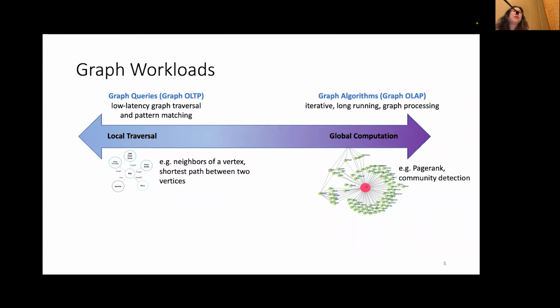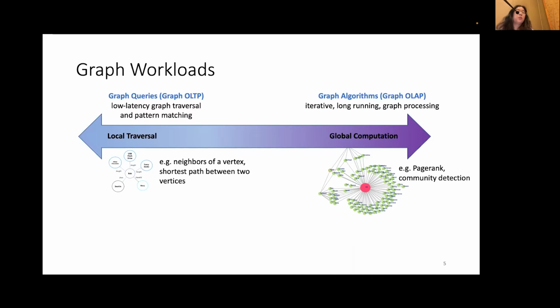So when we talk about graph, there are actually different kinds of graph workloads, and there are also different ways of characterizing graph workloads, depending on what characteristics you care about, whether it's latency, throughput, update rates. So here I'm presenting a very simple way of characterizing graph workloads. On the left-hand side, we have a type of graph workloads that focus on low latency graph traversal and pattern matching.